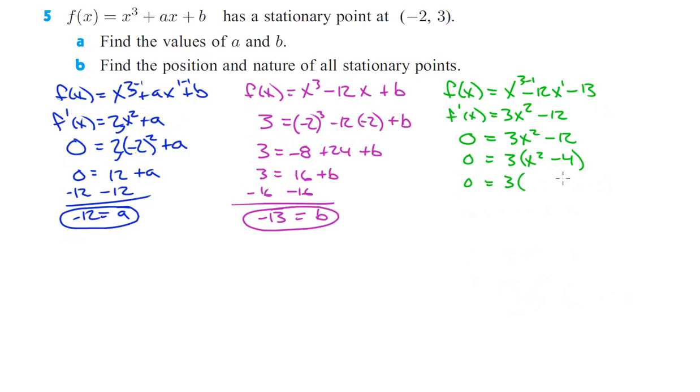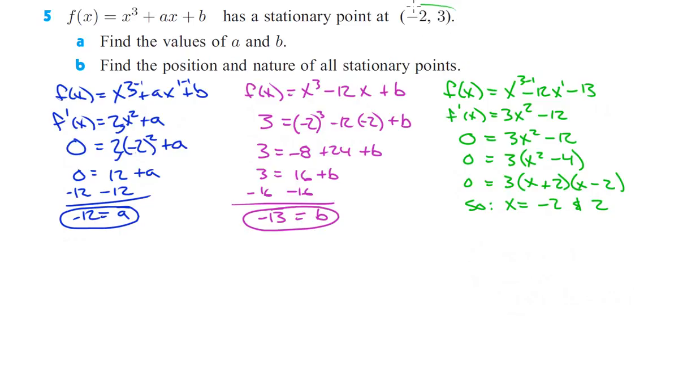Again, this is a perfect difference of perfect squares, so that's going to be x and x. Factors of 4 are 2 and 2. One's positive, one's negative. So we know that our x's have to equal negative 2 and positive 2. Okay, so we know we have stationary points when x is negative 2 and when x is positive 2.